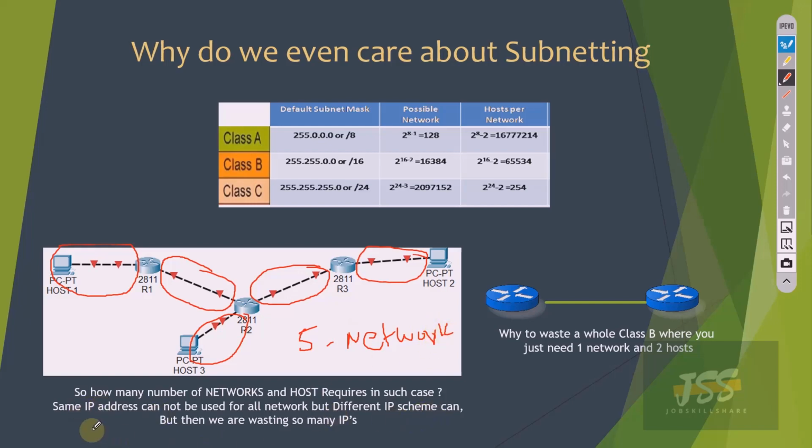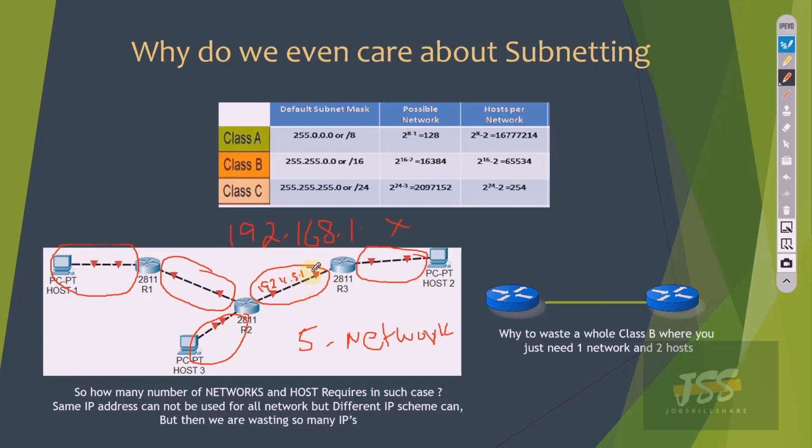I have mentioned 5. The same IP address cannot be used for all networks, but a different IP scheme can. For example, earlier I was talking about class C, which is 192.168.1.x. Let's suppose I have consumed 192.168.1 for this one.